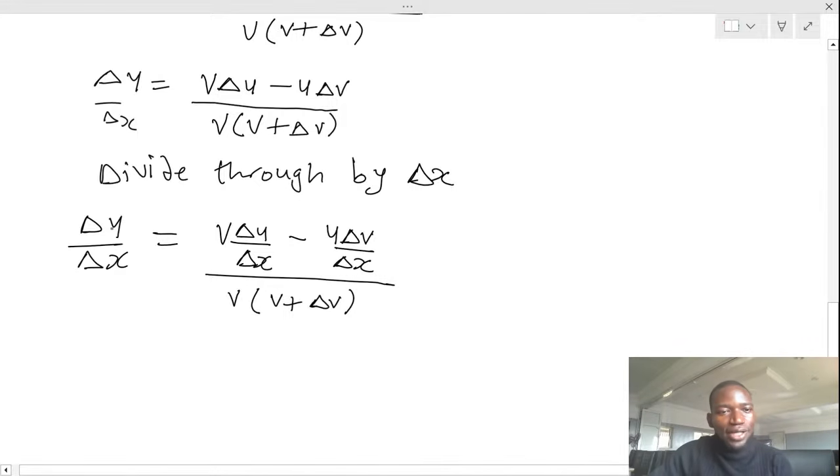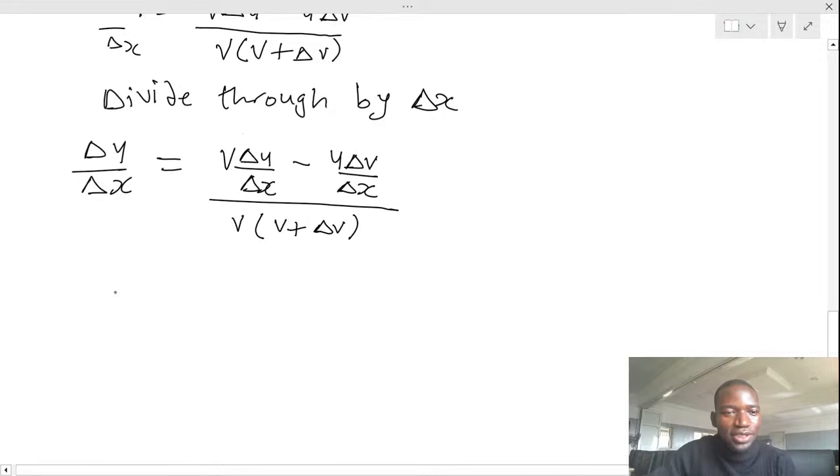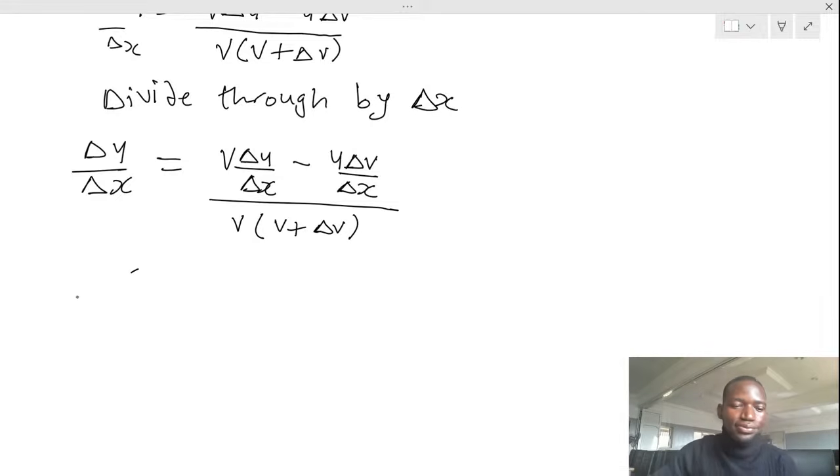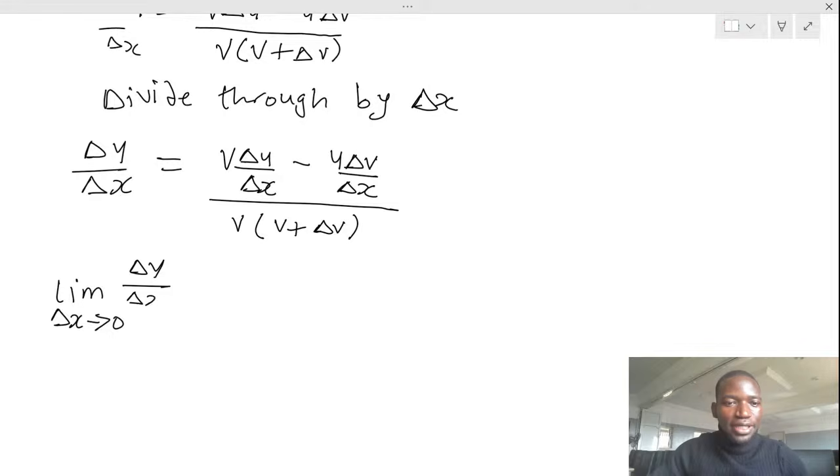We have dy by dx equal to v and the whole of this. Now, the next thing we're going to do, like I've always been telling us, when you get to this junction, after dividing through by delta x, find the limit. Find the limit as delta x tends to 0.